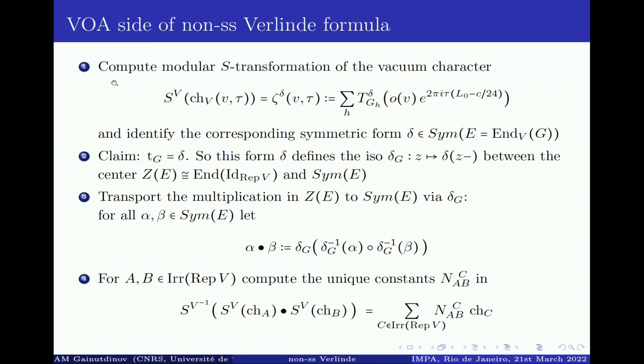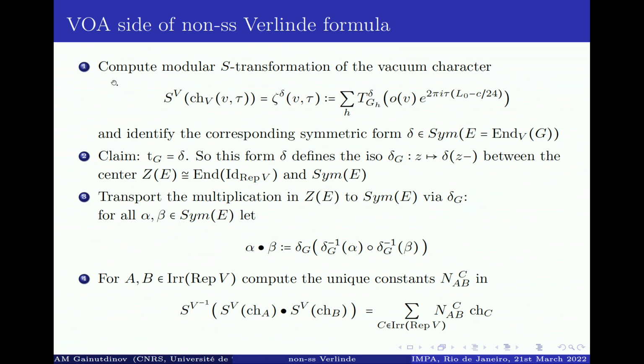This allows me to define this isomorphism I discussed on the previous slide. And now I use this isomorphism to transport multiplication from the center of my endomorphism algebra to the space of symmetric forms. The space of symmetric forms normally has no natural multiplication, but via this special isomorphism, I can transport it. I denote it via this symbol, this bullet.